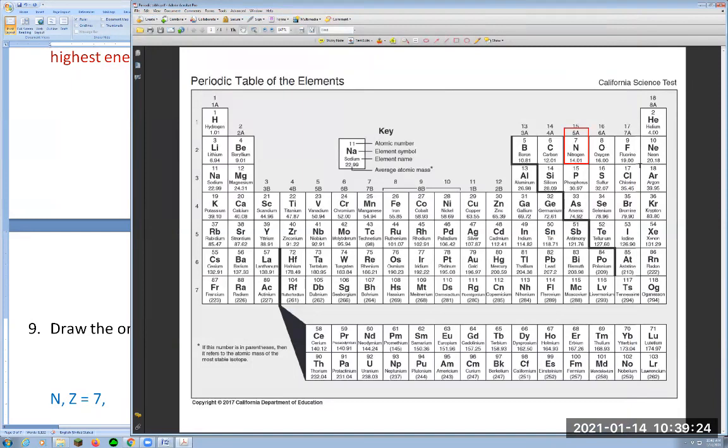So remember how the rows, the 1, 2, 3, up to 7 here on the left side, the rows are what we call the periods, and they represent the shells. So the nucleus would be above the periodic table, and then you add shells, row 1, row 2, row 3 is the third shell, etc.